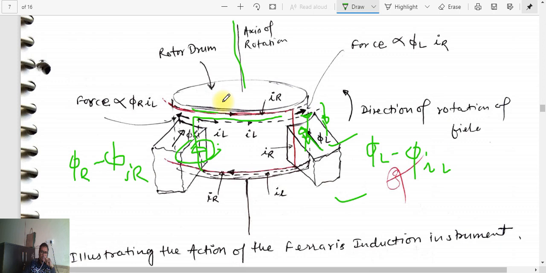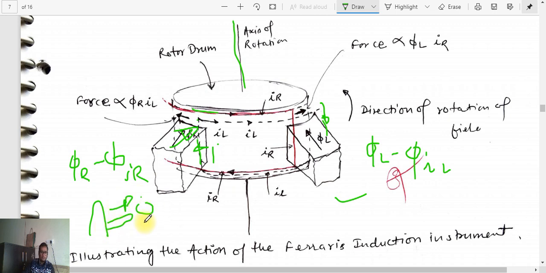Also, we can check here, this is the current direction of the drum where the current IR, flux phi R, and IL is the current. IL current direction is this, flux direction is this.